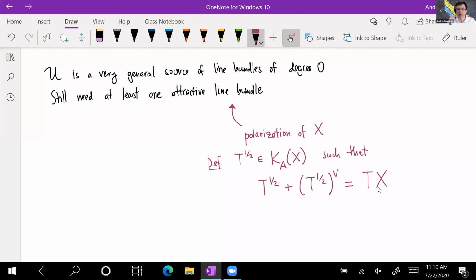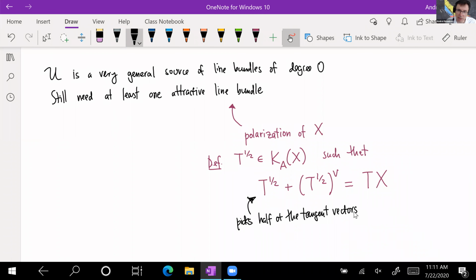So this is a way to select half of the tangent bundle of X. Since my manifold is symplectic, the tangent bundle is self-dual.